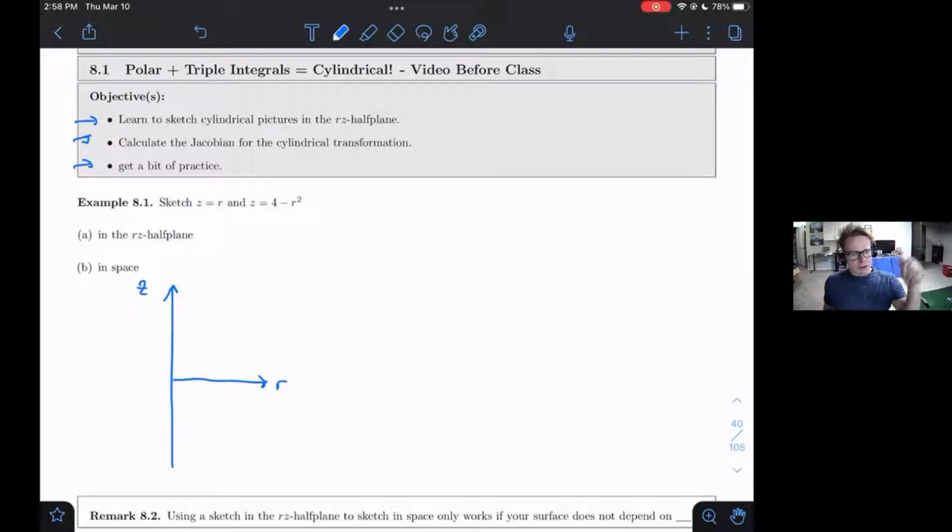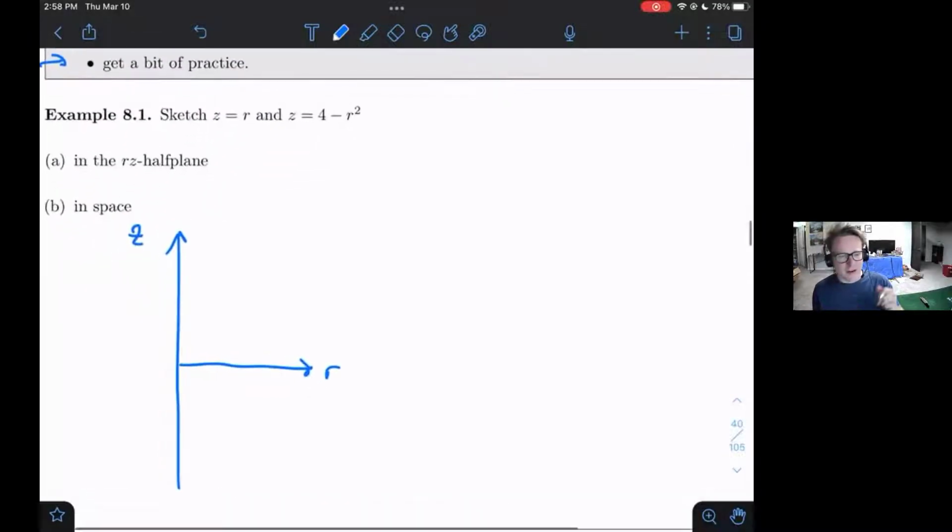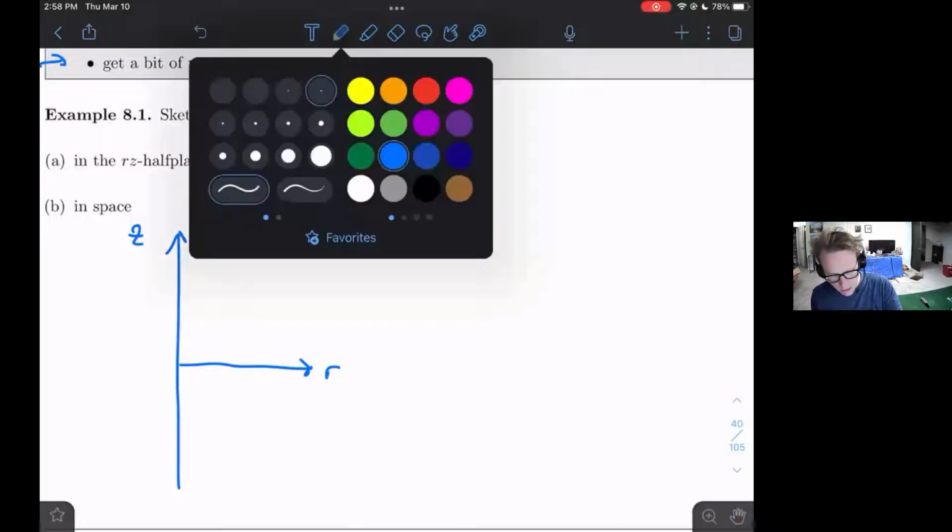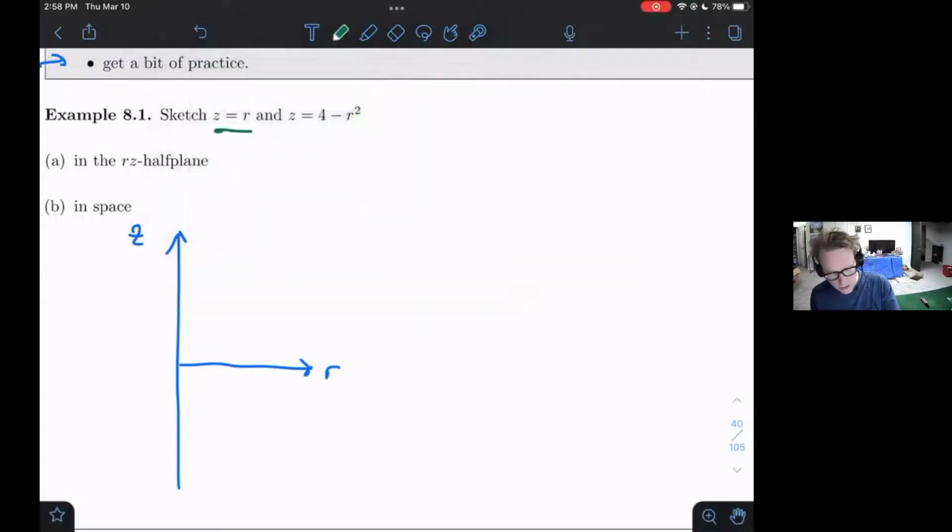If I sketch z equals r, we can see that our independent variable is r and our dependent variable is z. Maybe I'll use some different colors here. This is a nice straight line. It has an intercept of 0 and a slope of 1.